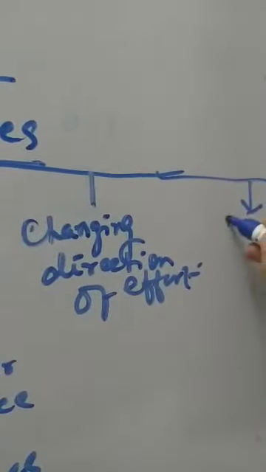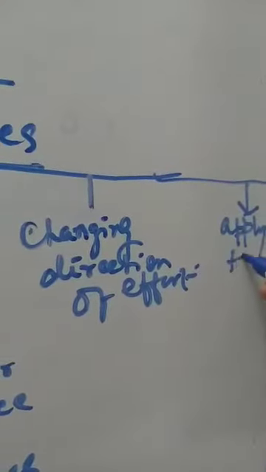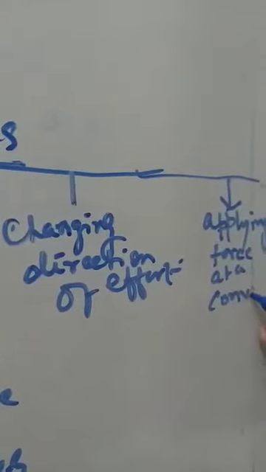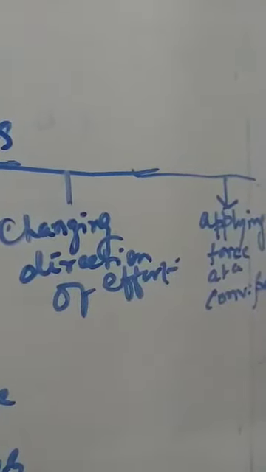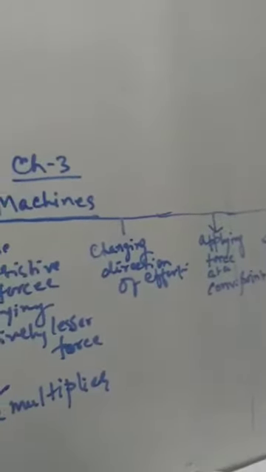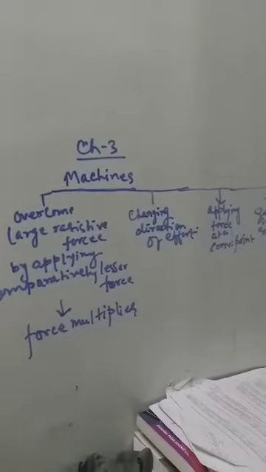Then applying force at a convenient point, that is another function of a machine. And the last one is the gain in speed, where you don't need to apply much effort, but by using the machine you can gain in speed. So these are a few functions of a machine.